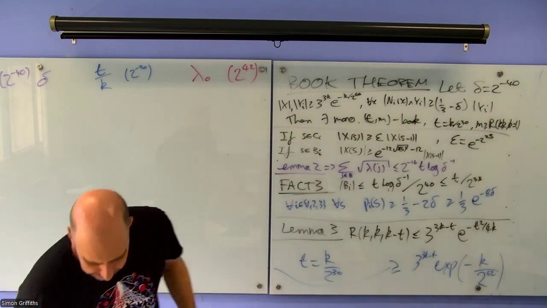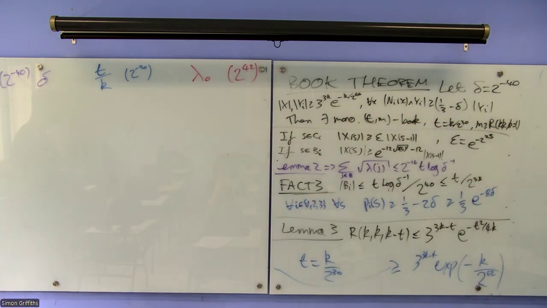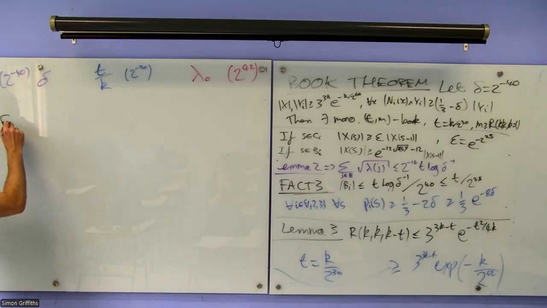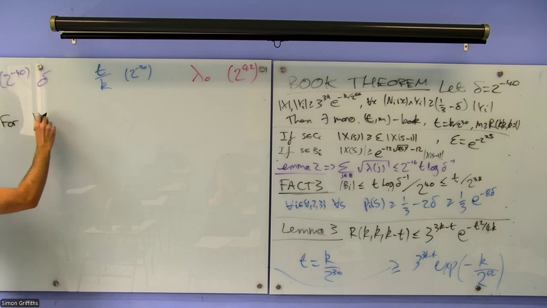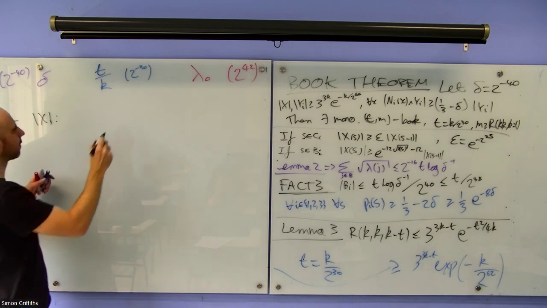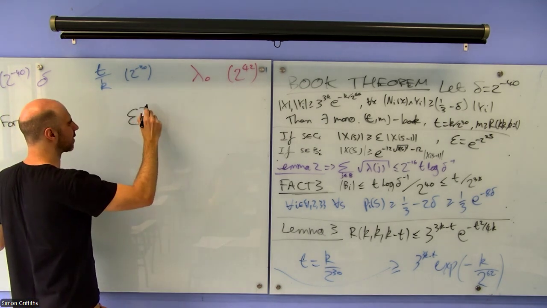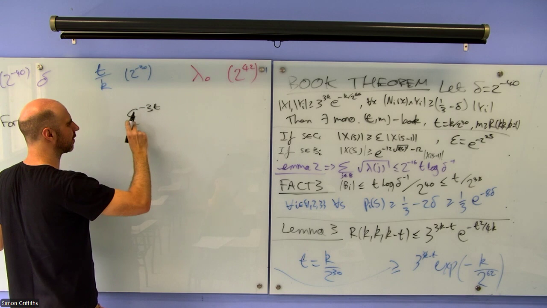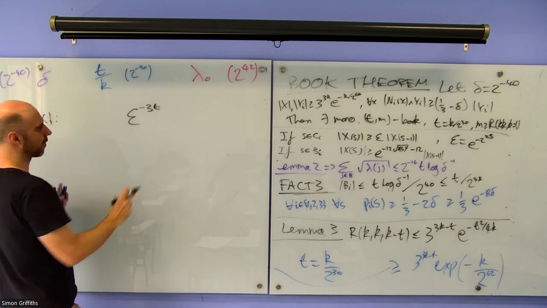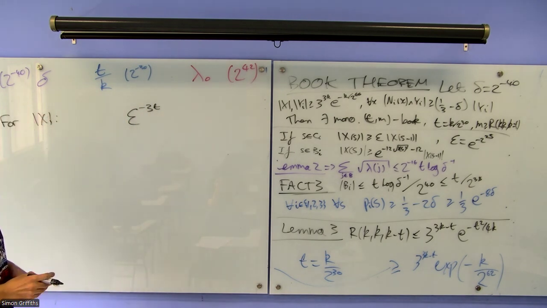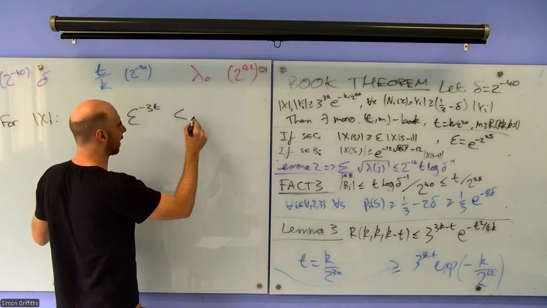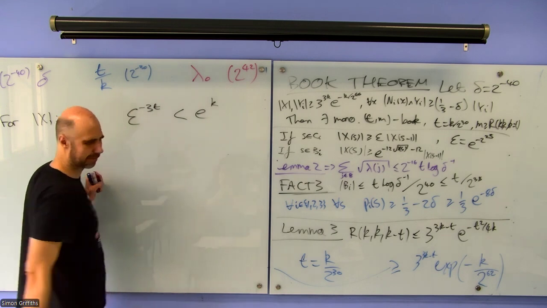And it all really comes down to the things we've seen today. What did we need today? So for x, the size of x, we needed something like epsilon to the minus 3t. We didn't want this to be too big. I mean, the thing we used was like less than e to the k.